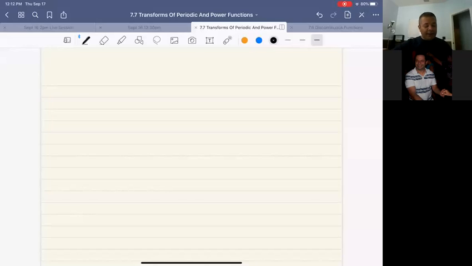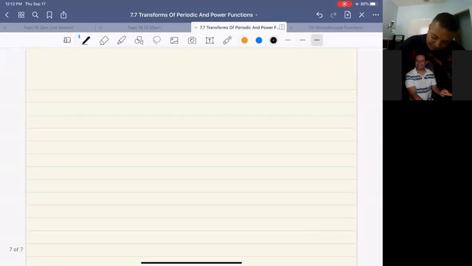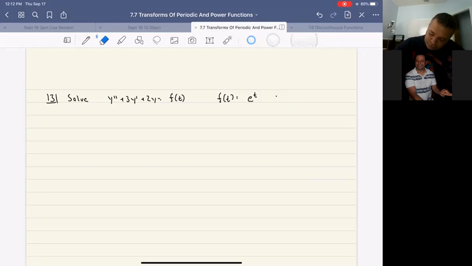All right, welcome back. So we're going to look at number 13 in your textbook. This problem states: solve y double prime plus 3y prime plus 2y equals f of t, and our f of t is e to the t for 0 less than t less than 1, period 1.